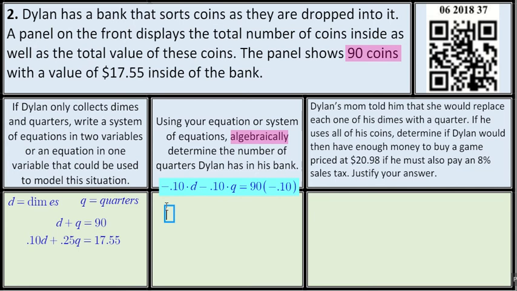So when I go through and clean that up, it's just negative 0.10D minus 0.10Q equals negative 9.